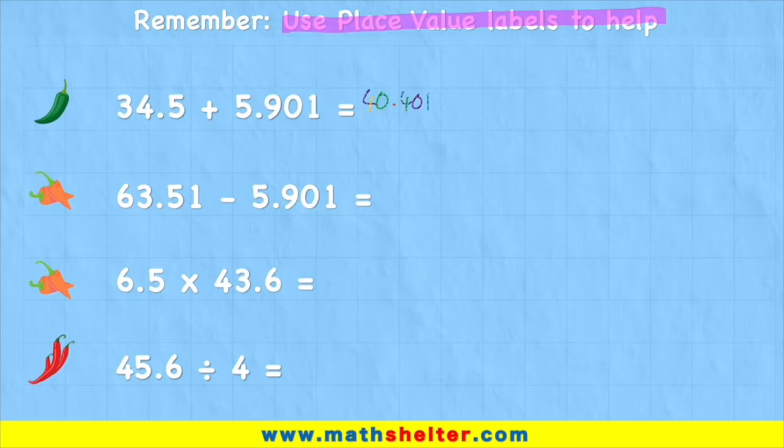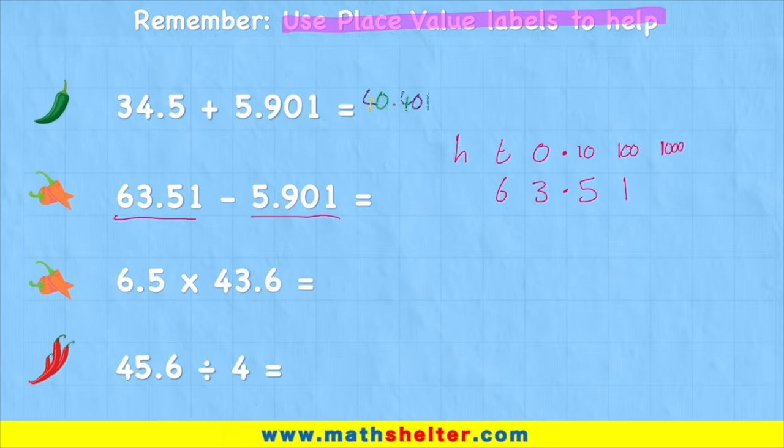And again, I'm going to have thousandths, hundredths, tenths, my decimal, ones, tens, I'm going to put hundreds. And I'm going to start with my 63.51, has 6 tens, 3 ones, my decimal, 5 tenths, 1 hundredth.